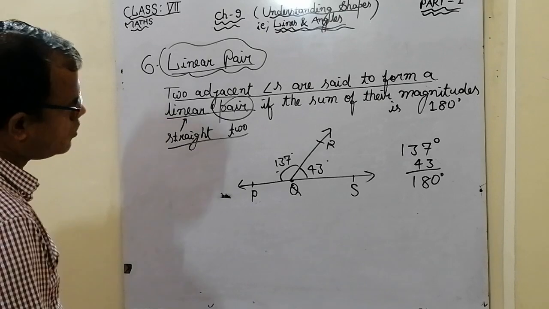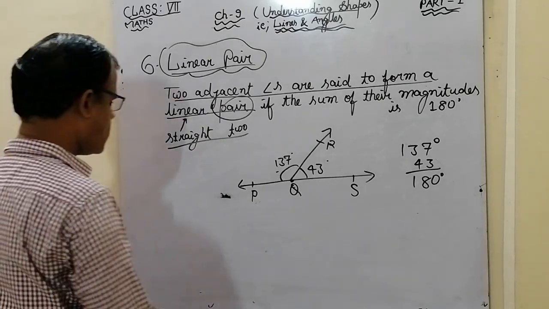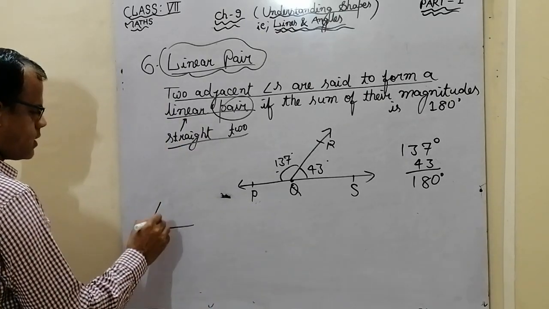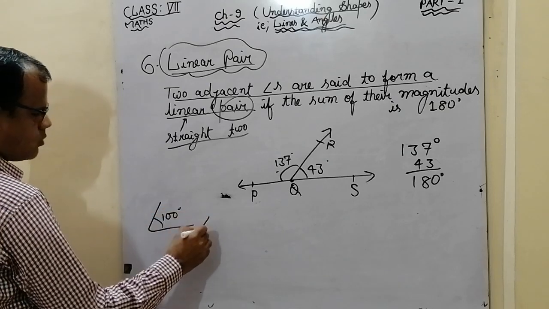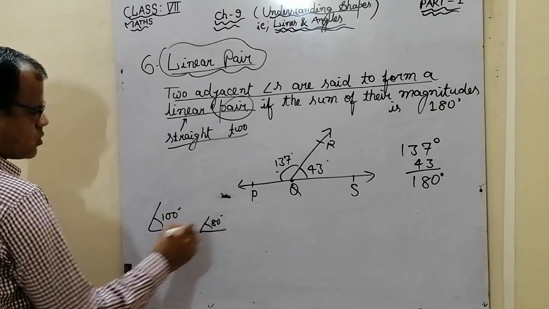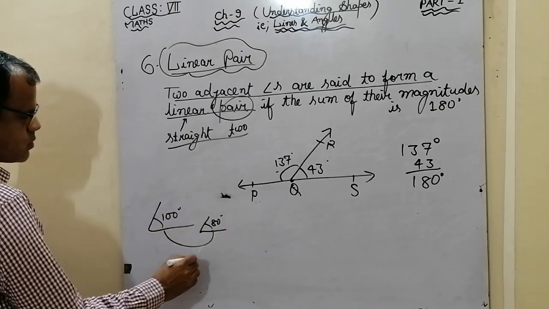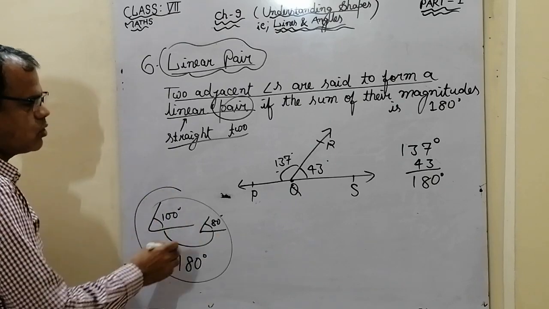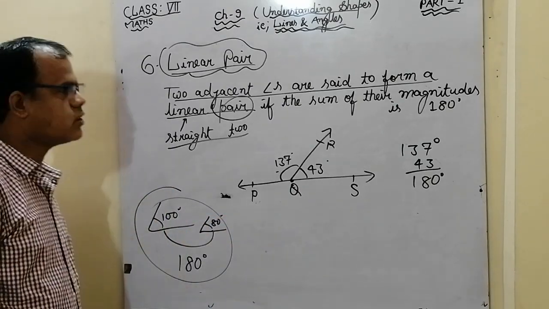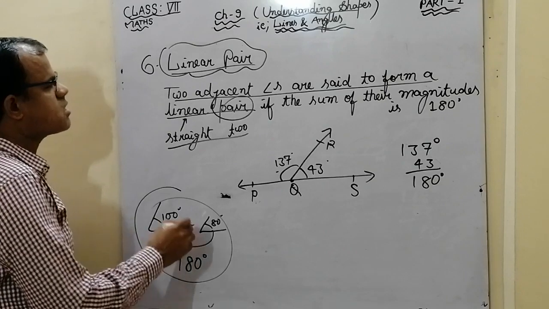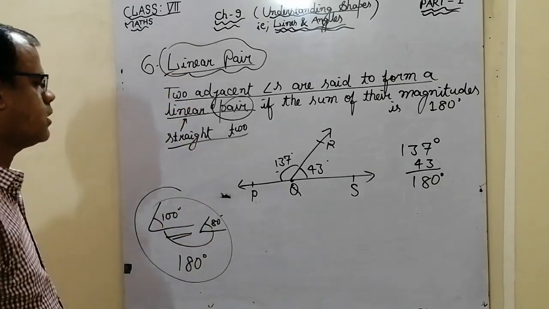So earlier you have learned supplementary angles. Suppose we have two angles, one is 100 degrees and the other is 80 degrees. The sum of both angles becomes 180 degrees, so they are supplementary angles. So what is the difference between supplementary angles and linear pair?